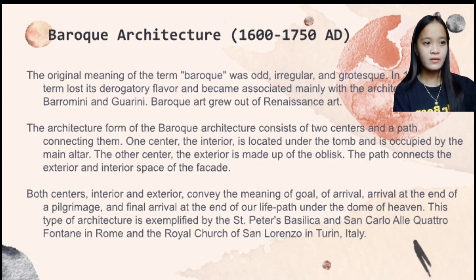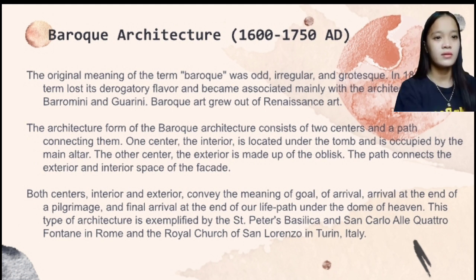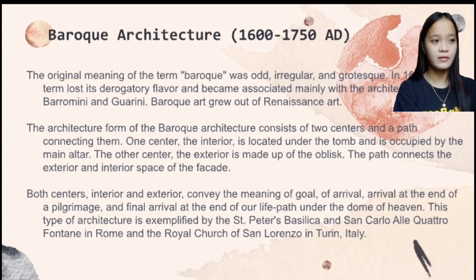The path connects the exterior and interior space of the facade. Both centers, interior and exterior, convey the meaning of the goal of arrival at the end of the pilgrimage, and final arrival at the end of our life path under the dome of heaven.